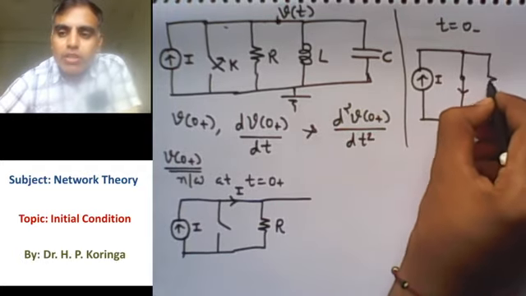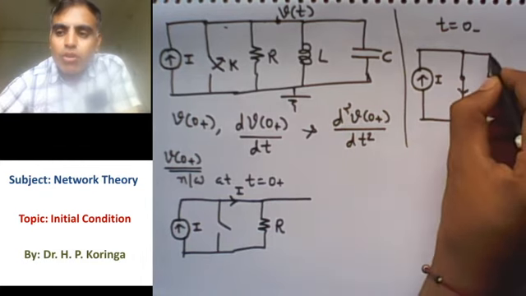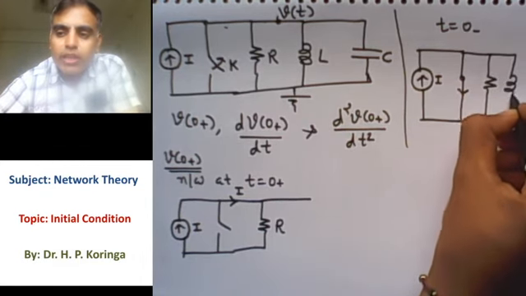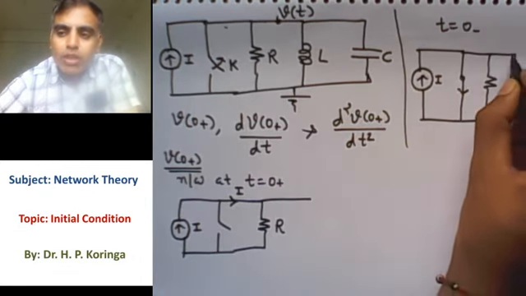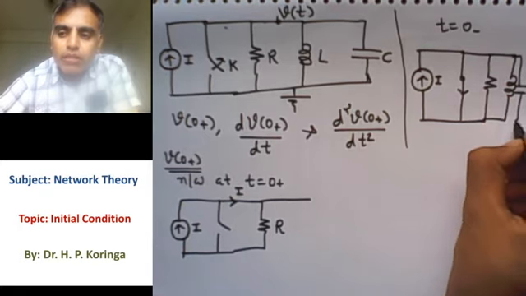When the switch is closed, there is no current through R, L and C. All the current passes through the short circuit.